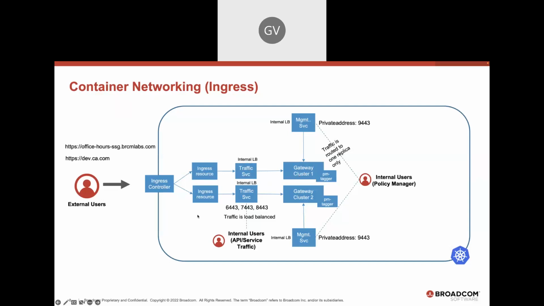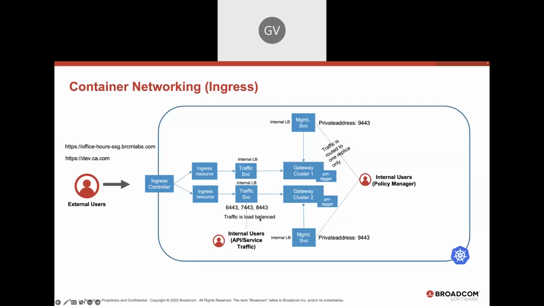Now, for this model, you can have additional ports from inside your own network. If you had, potentially, an FTP endpoint or some other protocol that you wanted to expose internally but not externally, then you could have that configured there. Any additional ports that you want to expose internally, you can access directly in whichever protocol you want, and that's going to go directly into your gateway cluster, and that'll be load balanced as expected by this traffic service here.